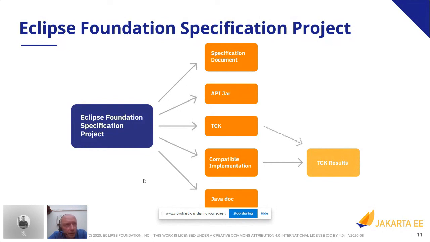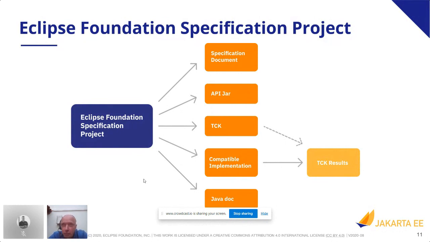GlassFish is in that sort of strange position at the moment, in that it's the only implementation, except maybe Payara, that implements all the optional pieces. And it's the only implementation that basically can be used at this point in time to release the platform. So we have a bit of a chicken and egg situation.